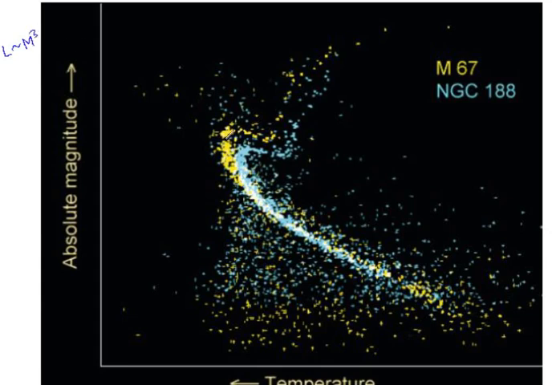So this means that there are more luminous and massive stars in M67 than NGC 188. So this is the first observation, that M67 has the most massive main sequence stars. What is the next observation? I'm not telling you. Let me show you again a very simple example.